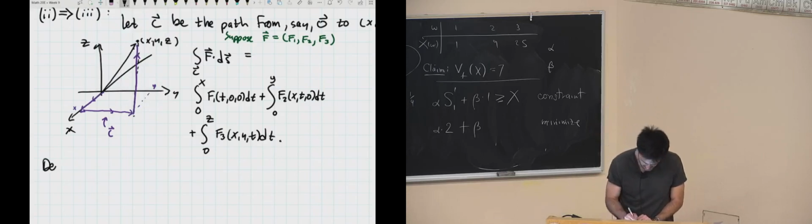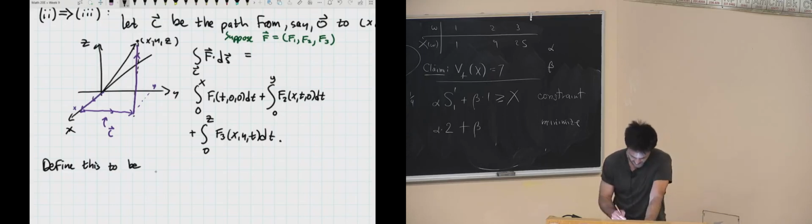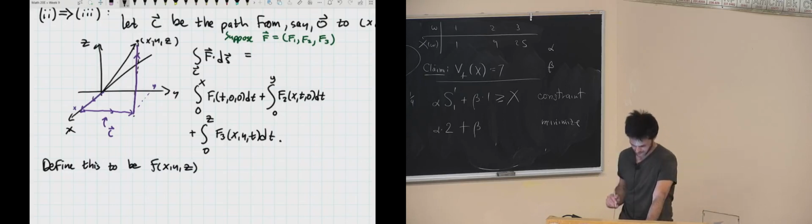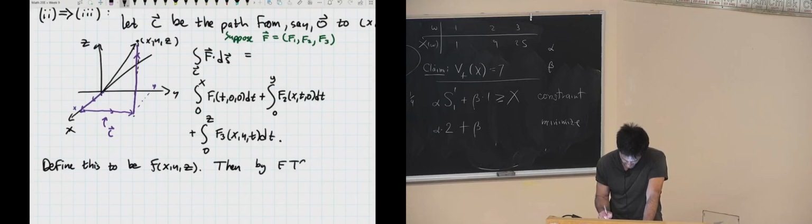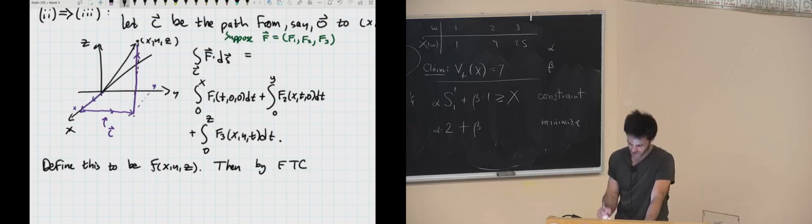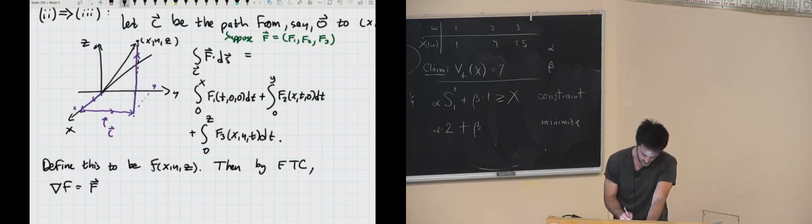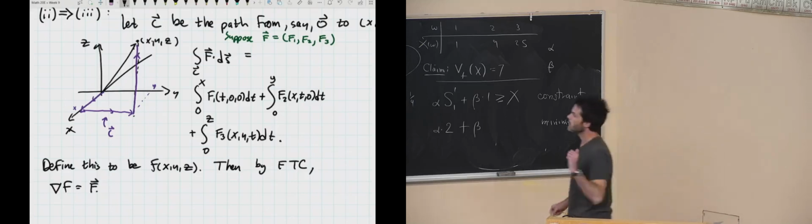So define this to be f of x, y, z. Then by the fundamental theorem of calculus, and you can check this, this is only a sketch of the proof, check that indeed, if you take the gradient of this function, you get back to capital F.